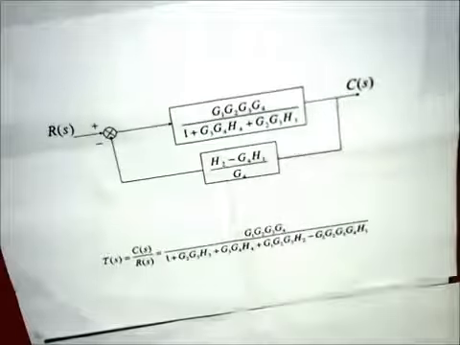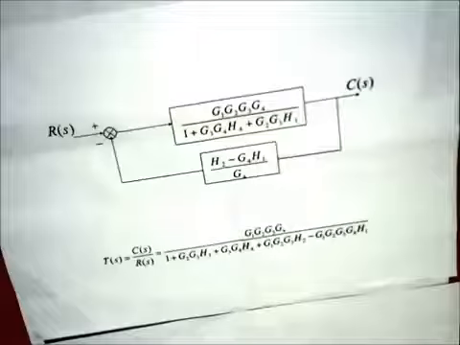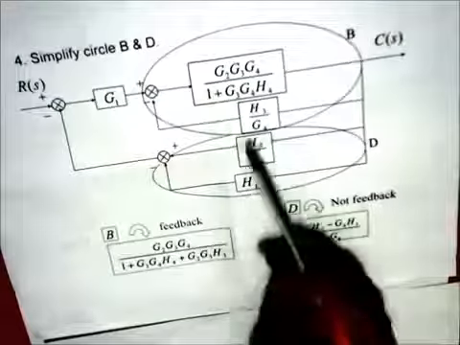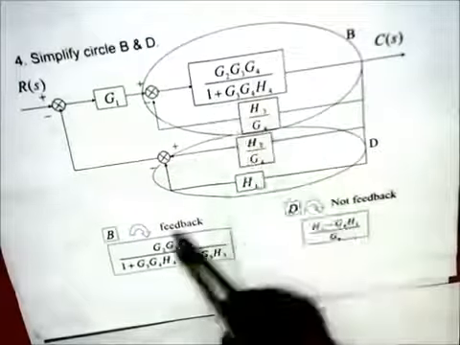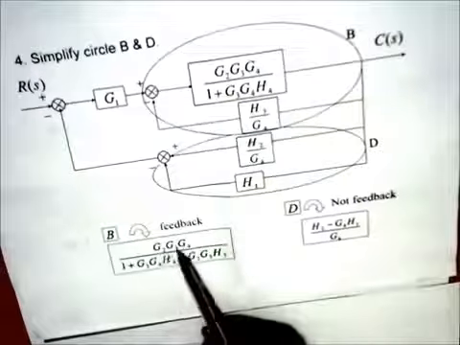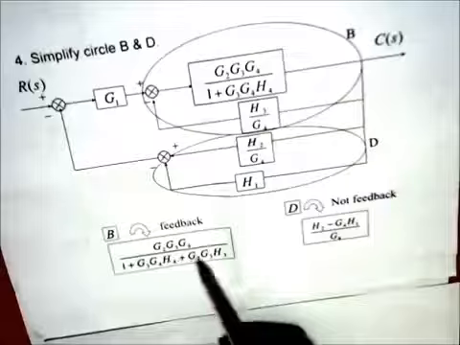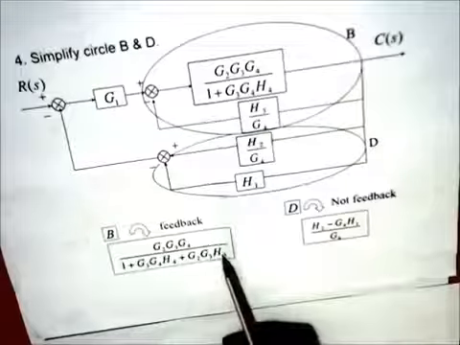So after simplification, this becomes G2 G3 G4 upon 1 plus G3 G4 H4 plus G2 G3 H3.